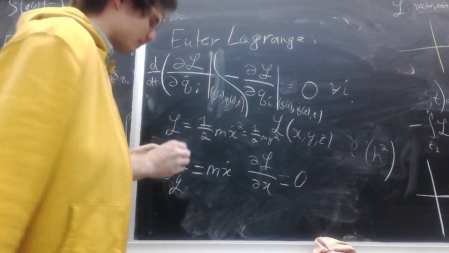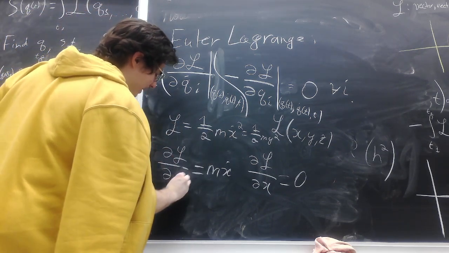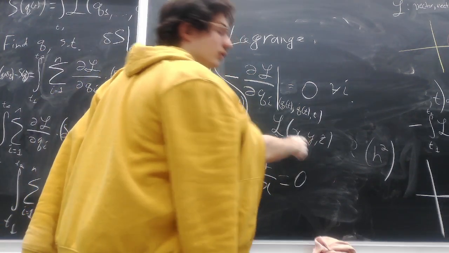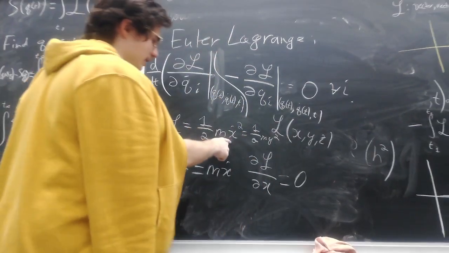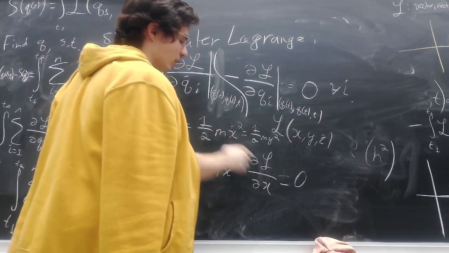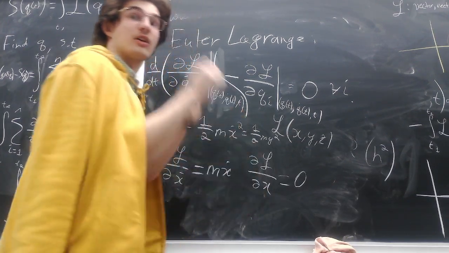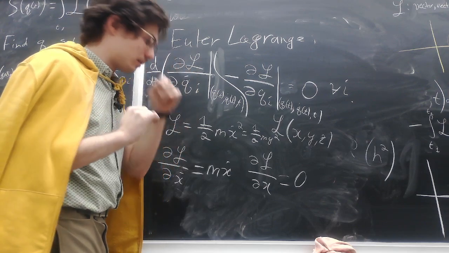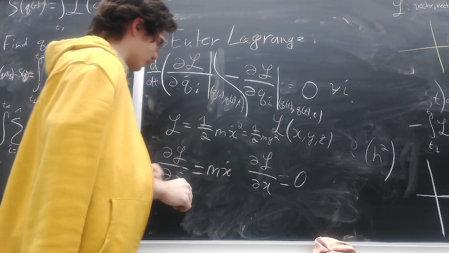That's all it is. So when I write x dot, I mean take a derivative with respect to the second entry of the Lagrangian. This is the second entry, and this is the first entry. This does not depend on this, as far as the Lagrangian is concerned. So this is 0.